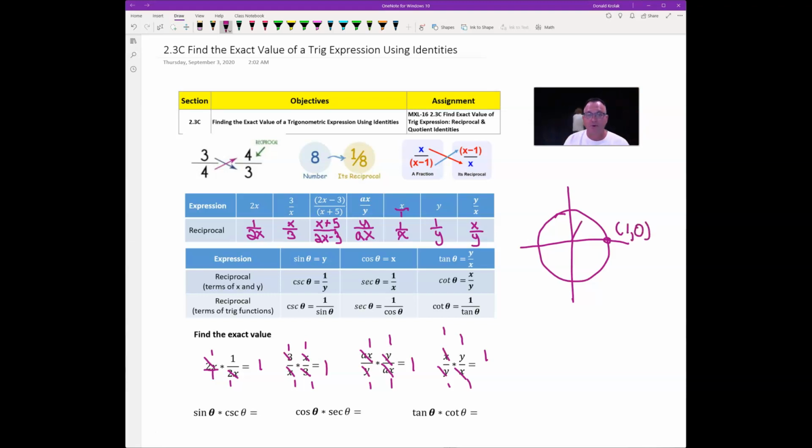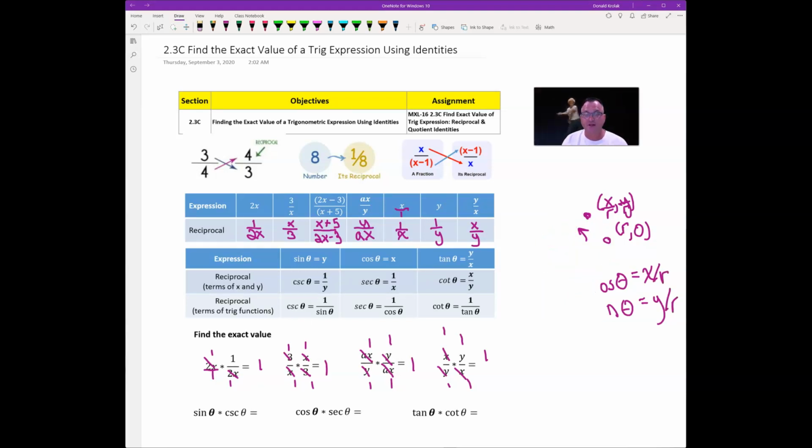If we had a point on that unit circle, then the cosine of that angle is equal to the x, and the sine of that angle is equal to the y-coordinate. Now, if this radius was something other than 1, like 2 or 3 or 4, some number r, then this becomes x divided by r, and that's y divided by r. And that's what we've been working on the last few lessons.